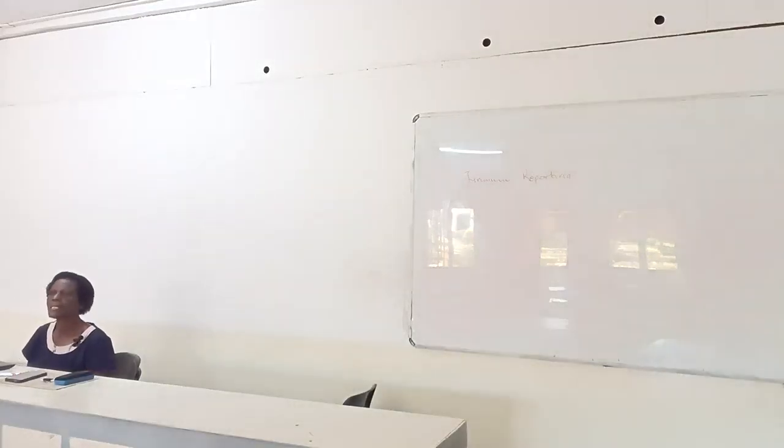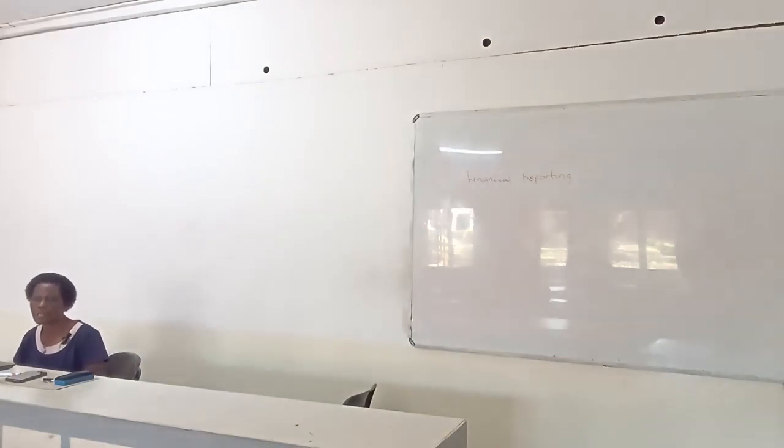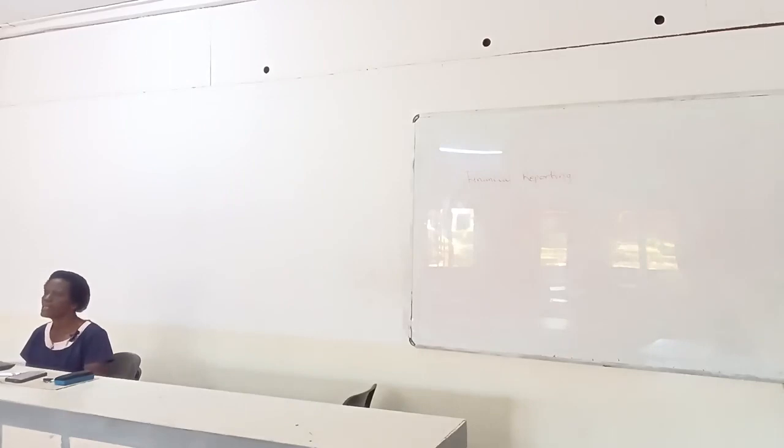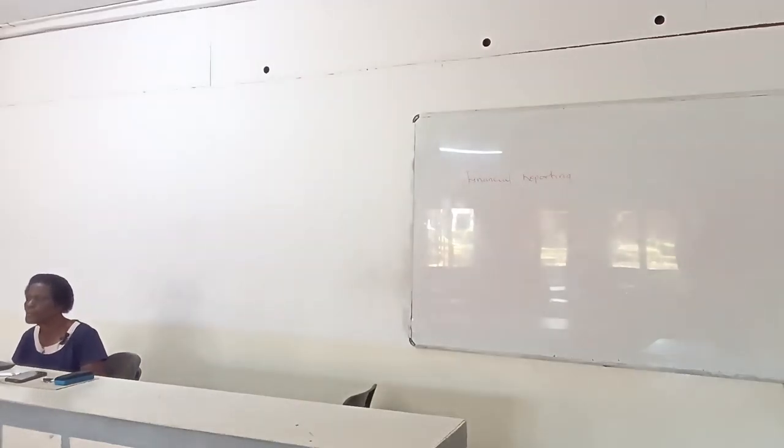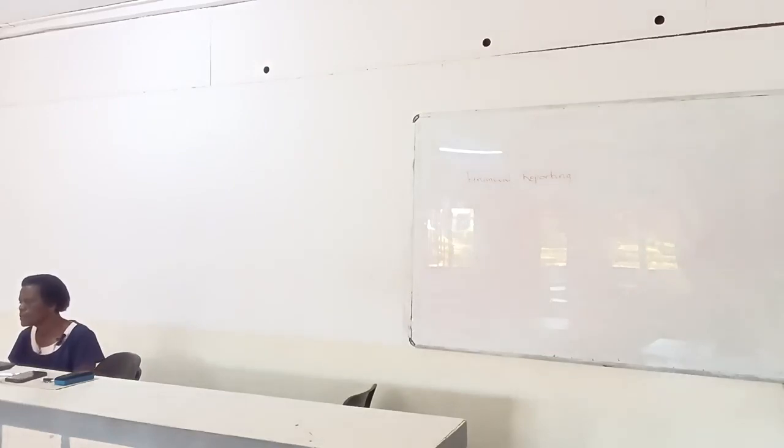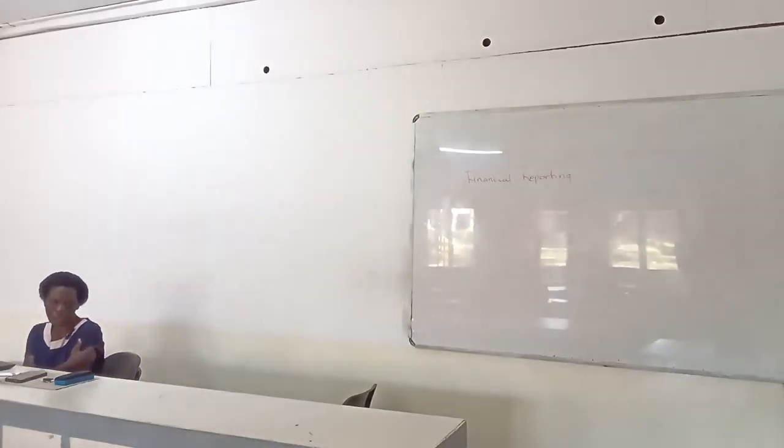Assets. Thank you. That's in the balance sheet. Liabilities. Cash flow. Okay. So those are some of the items that can be found in the financial statements.